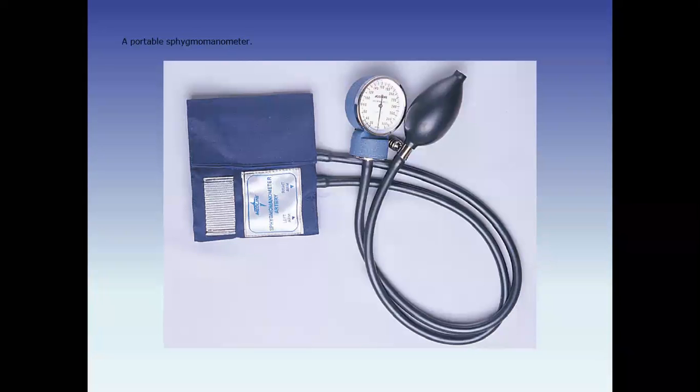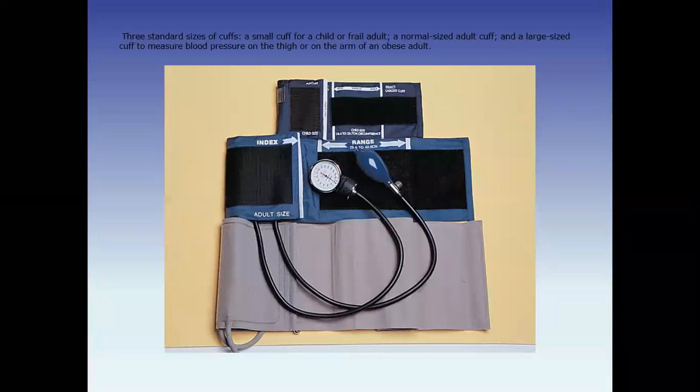This is another form of how to take the blood pressure, and these are different cuffs. The first one right here is for children, this one is for adults, and this one's for obese patients.